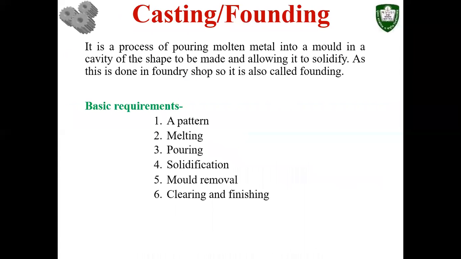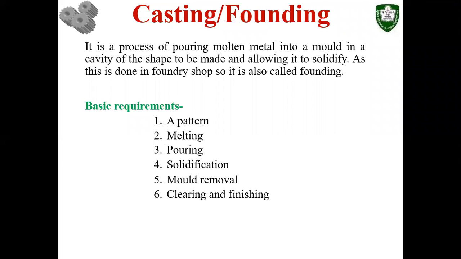So what is casting? Casting is manufacturing a product. For casting, what we need is a pattern. Pattern means the product that we want to produce. For example, I want to produce a mobile casing, the mobile cover. Then I need to make a mobile cover using a different material, and using that material, we make a cavity of the same shape that we want to produce.